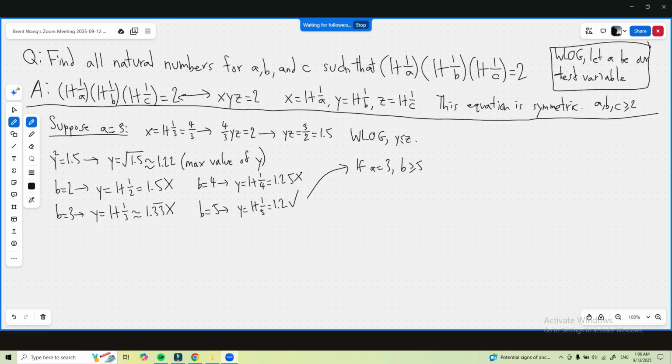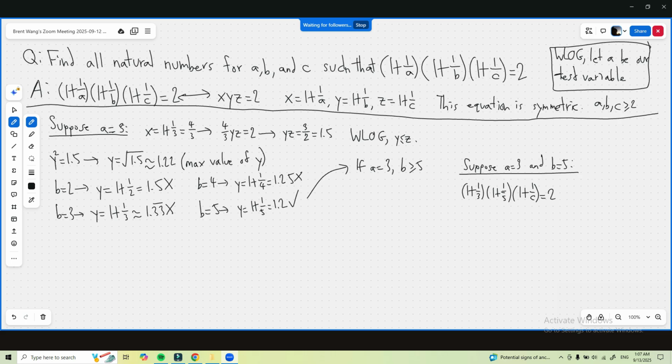So let's start off with B equals 5. Suppose A equals 3 and B equals 5. Plugging that into our original equation, (1 plus 1 over 3)(1 plus 1 over 5)(1 plus 1 over C) is equal to 2.